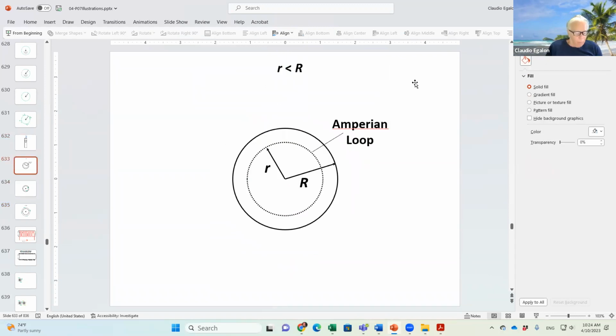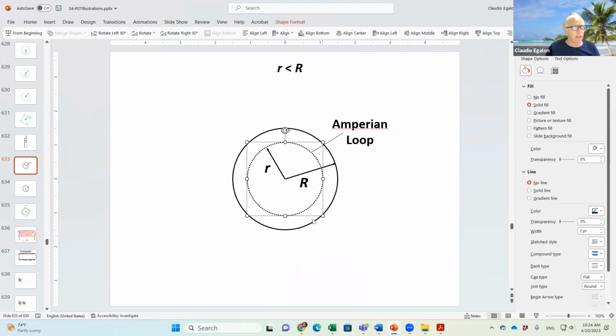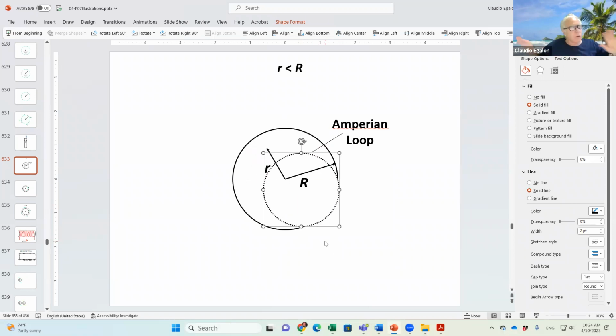What about here? In this case, don't forget the key here is uniformly distributed current. Because the current is uniformly distributed, this problem does have symmetry. It has cylindrical symmetry. So we use a circle centered at the center of the current carrying wire. If you were to use this circle here, it wouldn't have symmetry.